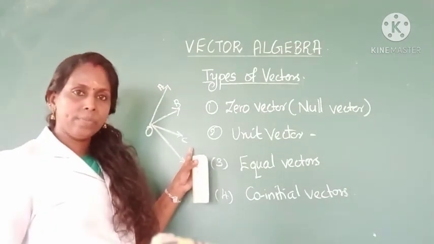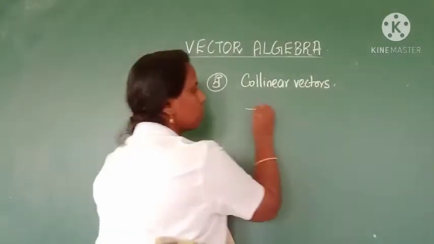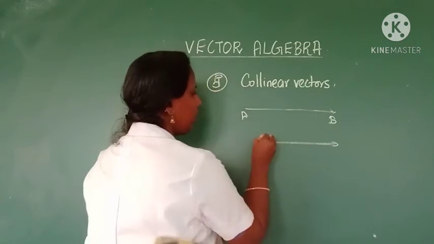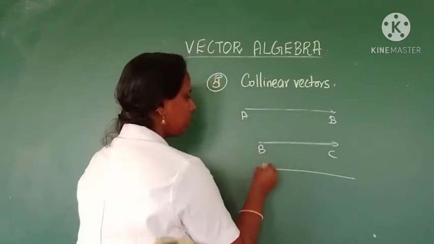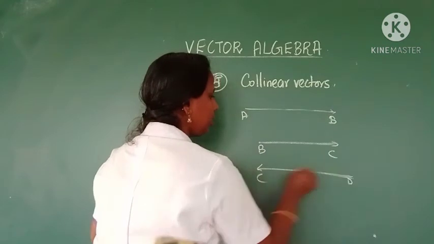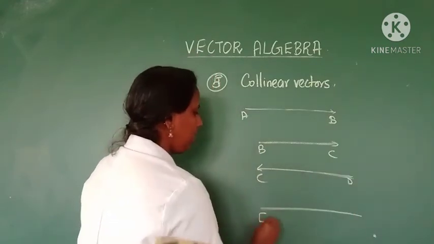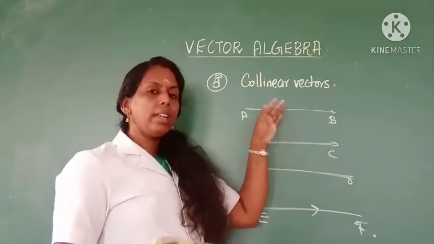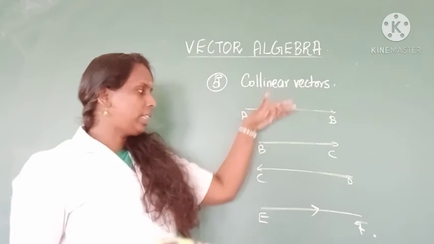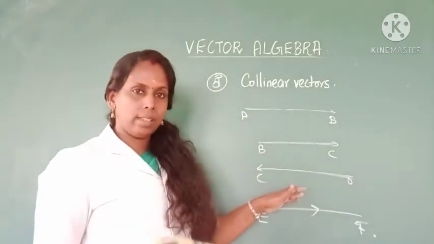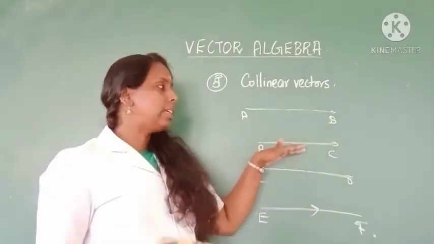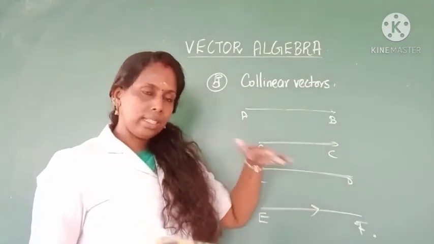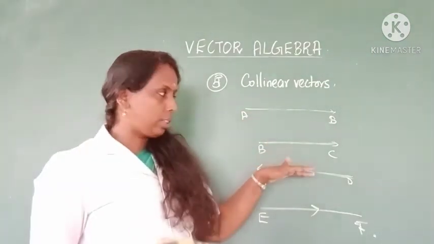Is it clear? Collinear vectors: suppose we have vectors AB, BC, CD, EF. Consider these vectors and imagine these four are parallel lines, without considering their magnitude and direction.